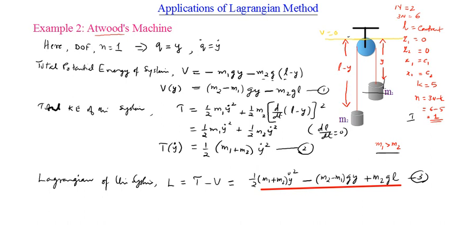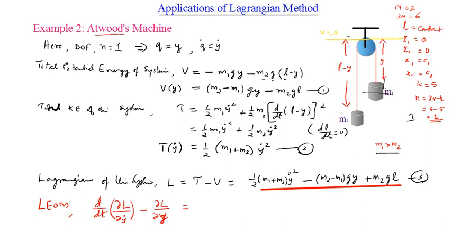So let us write the Lagrange's equation of motion for this particular system. How do you write it? It was d by dt, the total time derivative, of dou L by dou q_j dot. Here q dot is y dot, so dou L by dou y dot, minus dou L by dou q_j, which is dou L by dou y, equal to 0.